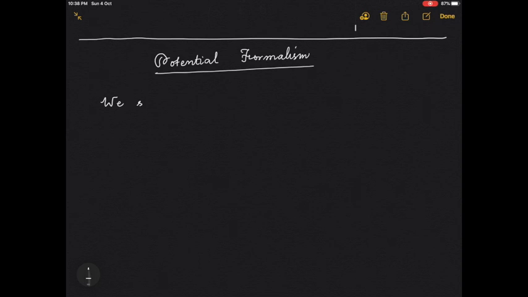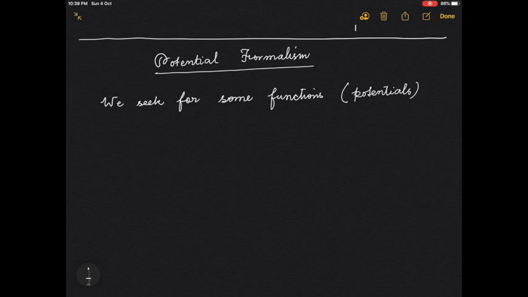It means that we seek some functions, and these functions are what we call the potentials, that can be used to get E and B.